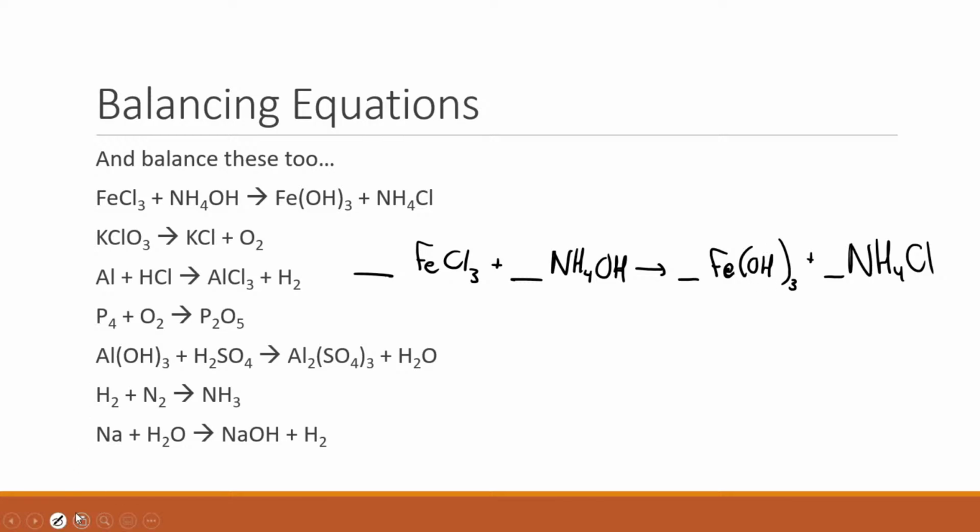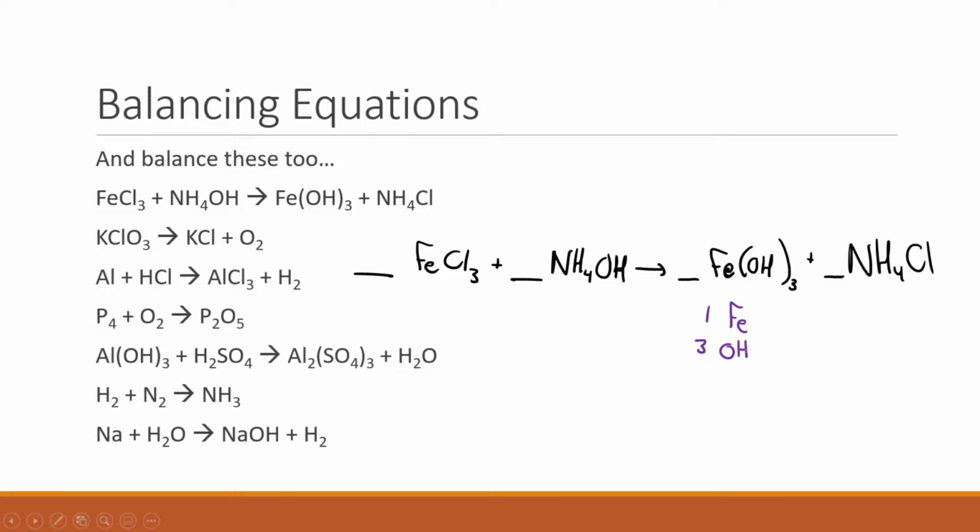Now a little trick that you can use is, instead of taking this whole thing apart and saying 1 iron, 3 oxygens, and 3 hydrogens, if you can spot the polyatomic ion on the other side, oh, there it is, you can actually leave the polyatomic ion together and treat it like a clump.